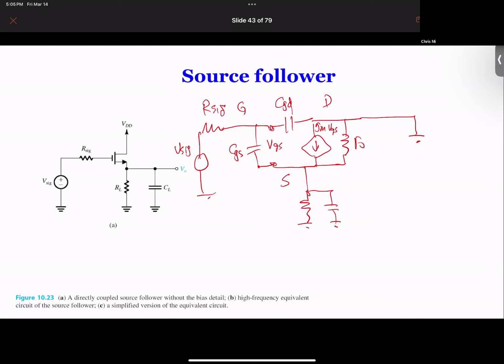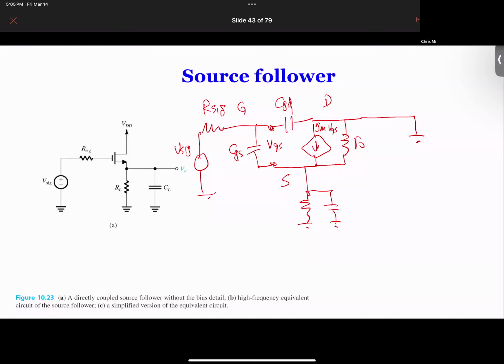Now, the way to simplify this is to look at the node. Our output is over here. And if you look at what happens with RO, RO is connected from the output to ground. So basically, we can move that RO all the way to here, right?